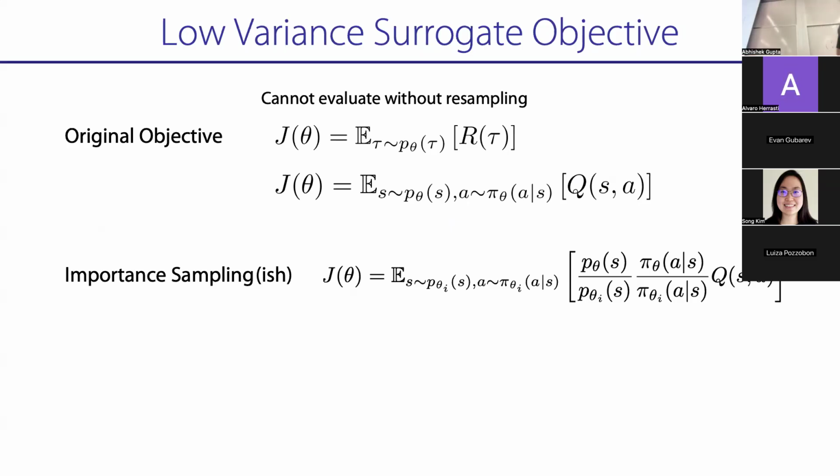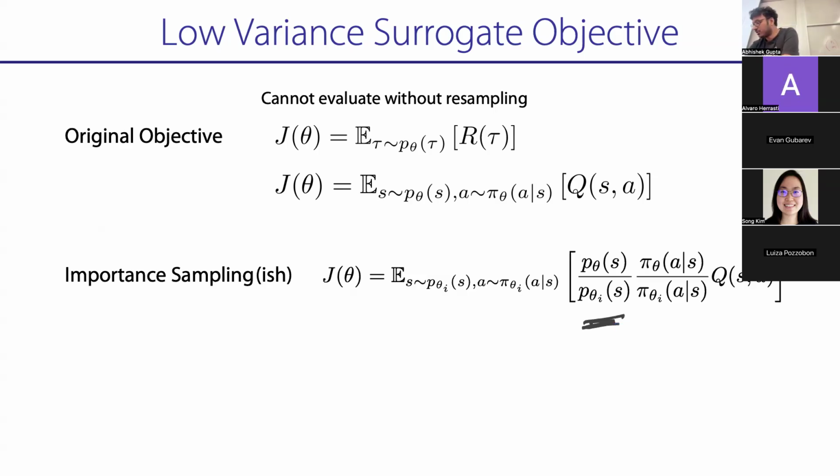Importance sampling would say, let's say you were trying to evaluate some J(θ) where you only had samples from p_θ'. You didn't have samples from p_θ, you only had samples from p_θ'. You can write the importance sampling ratio as p_θ(s) times π_θ(a | s) divided by p_θ'(s) times π_θ'(a | s).